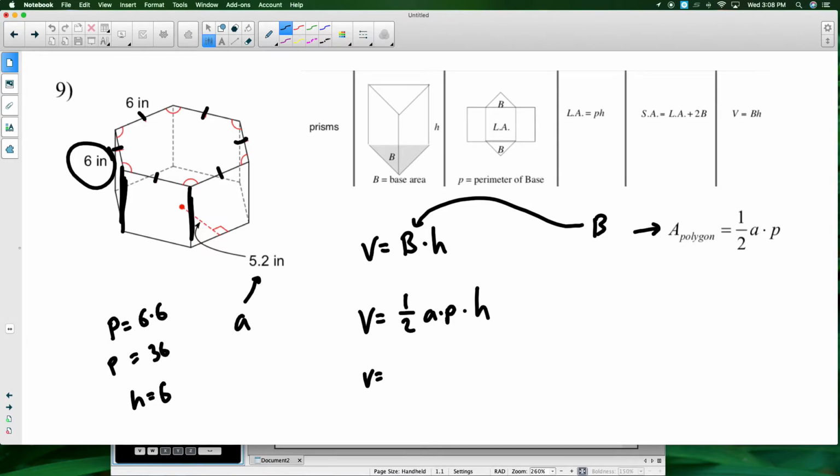So they did give us all the information, we just have to type it in. 5.2 is the apothem, the perimeter was 36, and the height was 6. Again, type that in very carefully. So we're going to get 561.6 inches cubed.